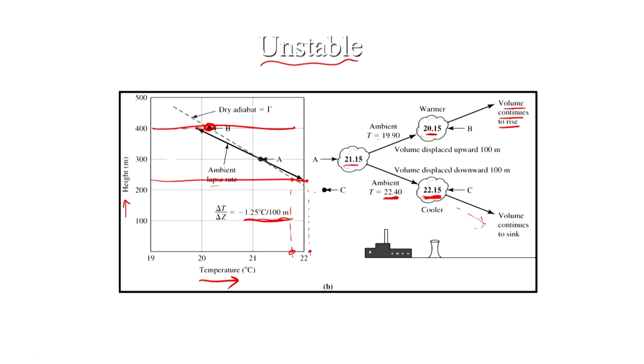As you see, it's unstable out here, because there is churning in the vertical direction. So that's the unstable condition.